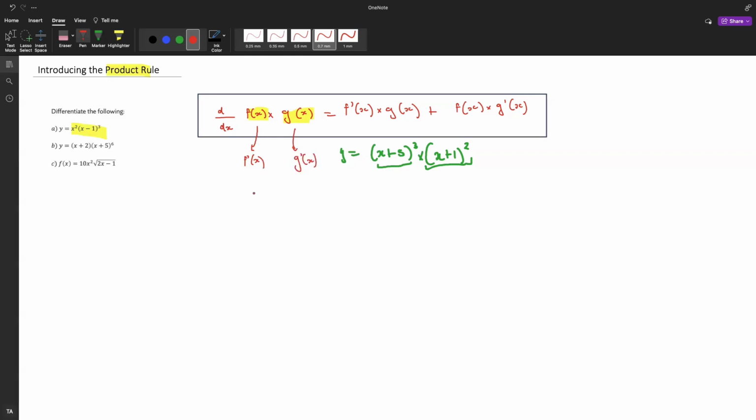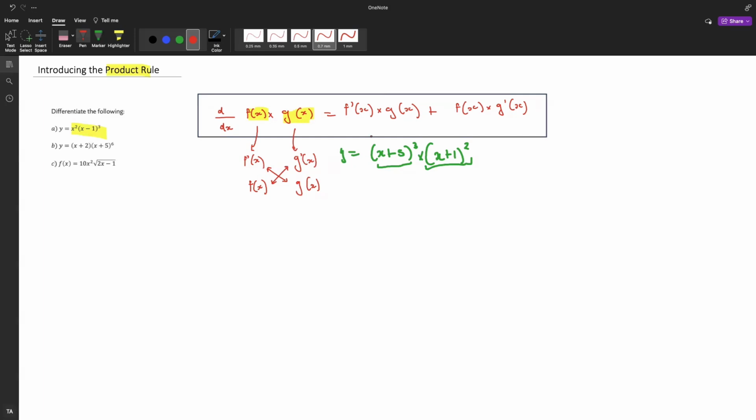So we've got f dash x and g x, and we've also got f x and g dash x. Now what we do is we multiply these two together, and then we multiply these two together, and we add those up, and that gives us our final derivative.